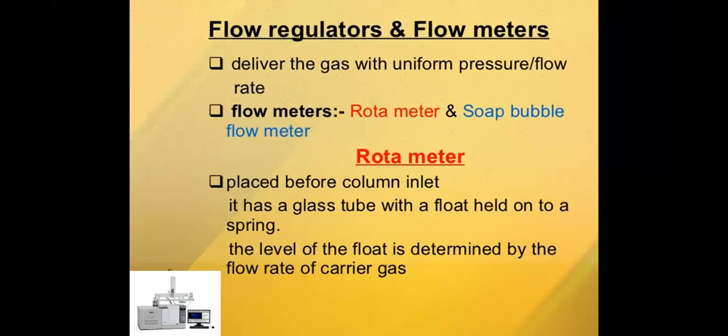Next to this, different types of flow regulators and flow meters are used. The main use is to deliver the gas with uniform pressure and flow rate. That is the main aim behind the use of the regulators as well as the different types of flow meters: to pass the gas with uniform pressure and flow rate.